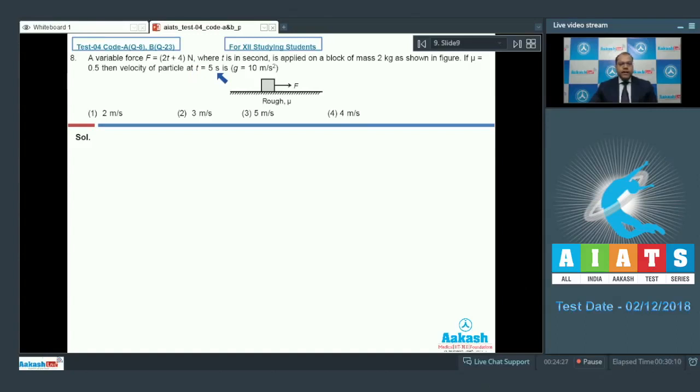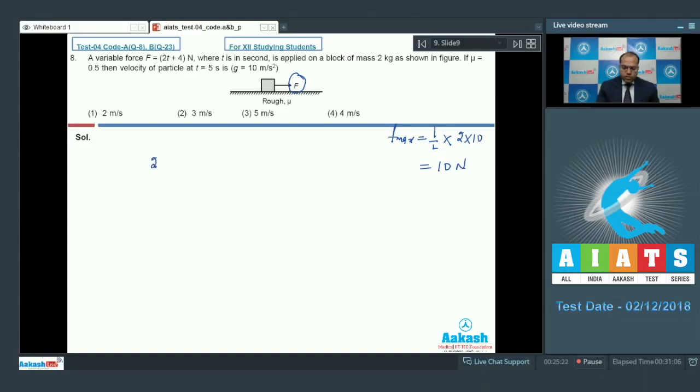First of all, we have to understand at what instant this block will move. The maximum value of the friction is mu times the normal reaction, that is 0.5 into 2 into 10, so it is equal to 10 Newton. When the applied force is greater than the maximum value of the frictional force, at that moment the block will start sliding.